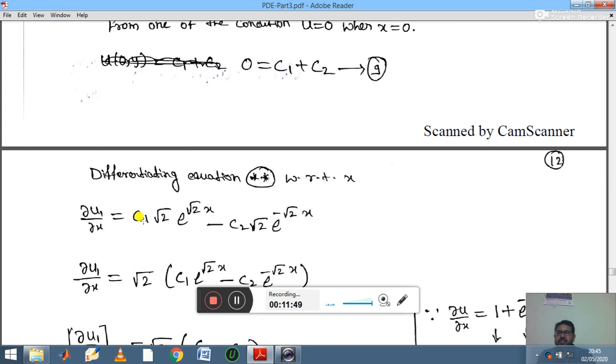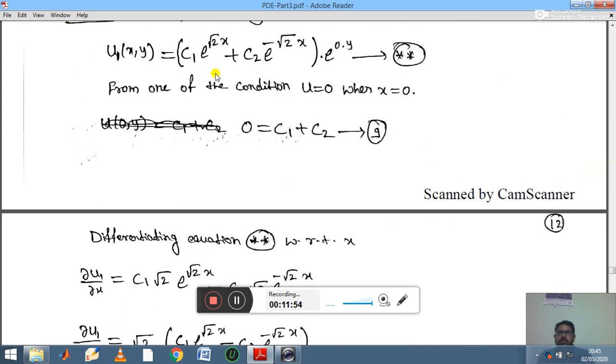Then differentiate equation double star with respect to x. This is your equation double star after substituting the lambda value.